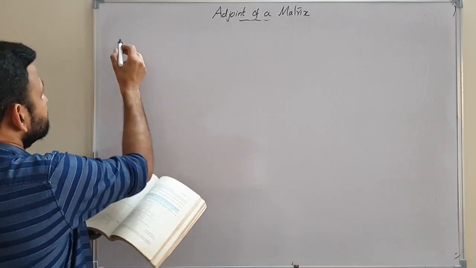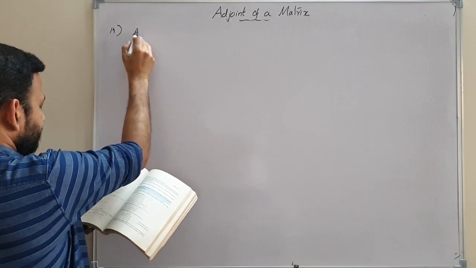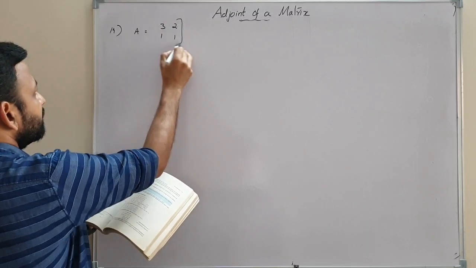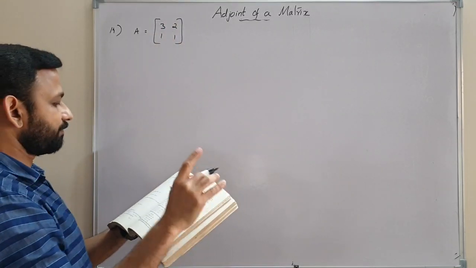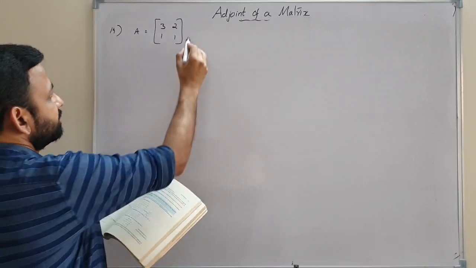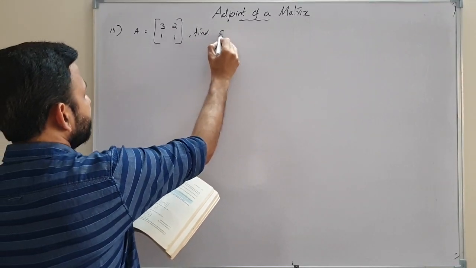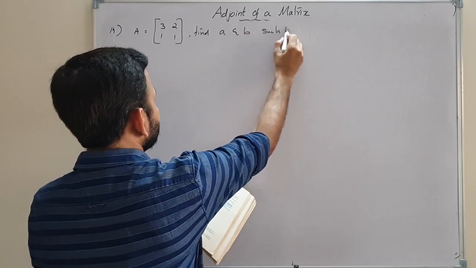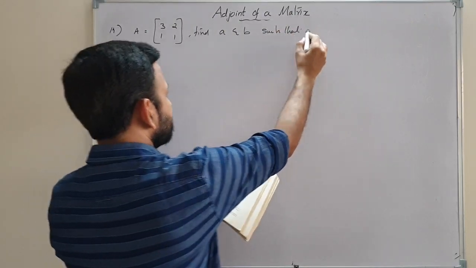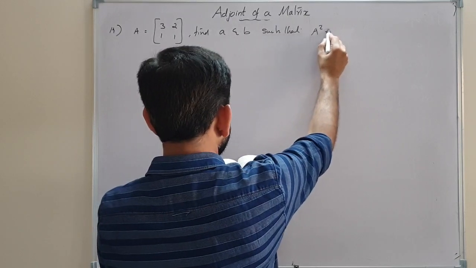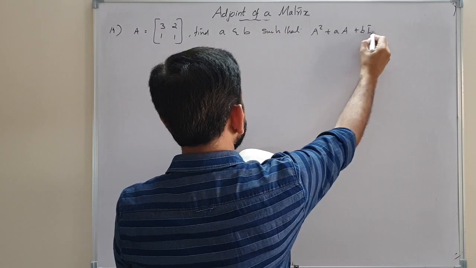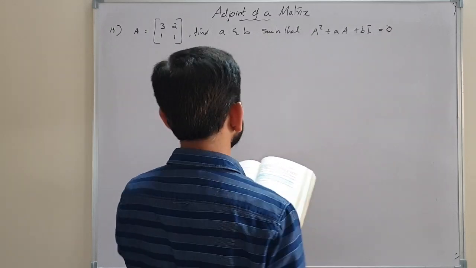Question number 14. For the matrix A is equal to 3, 2, 1, 1, find numbers a and b such that A square plus aA plus bI equal to 0 matrix.